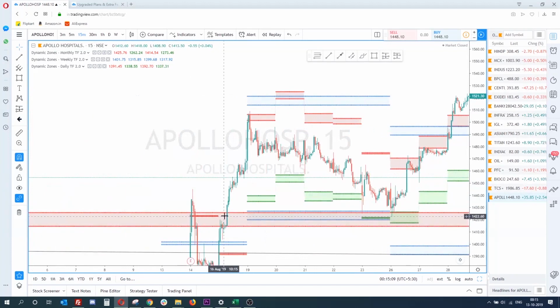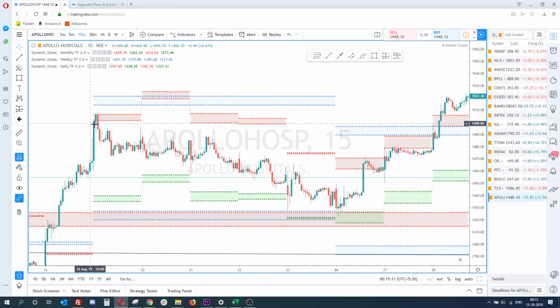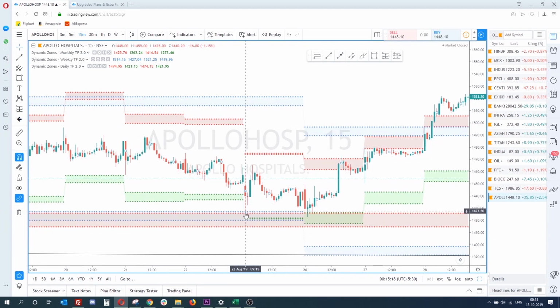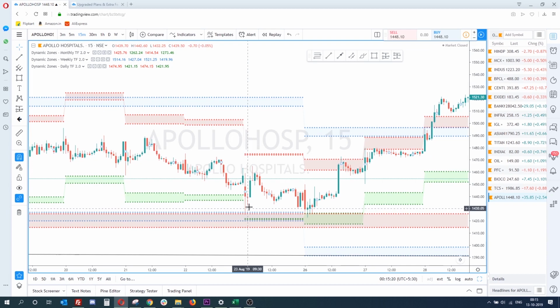This was the day when it got breached, and then there was kind of a retrace, and then it took a retrace around here. See the buying pressure. The moment it touched the zone, it went up like a rocket. The next day also same thing. The moment it touched, it went up, right? So I think this should give a clear picture on how to trade this.